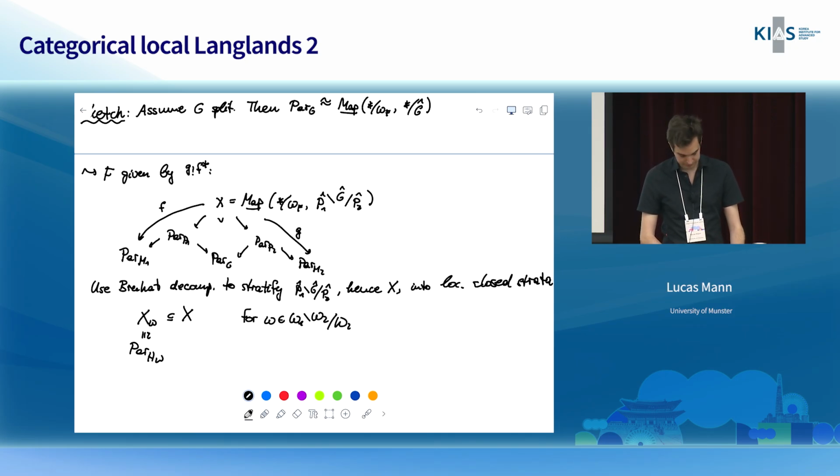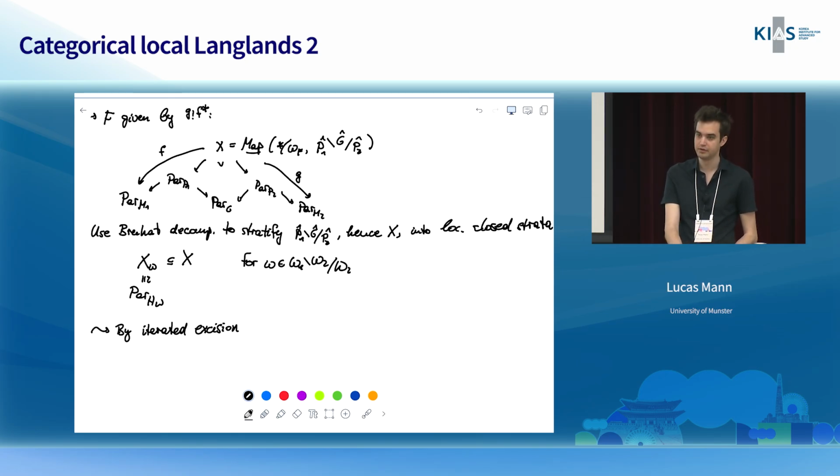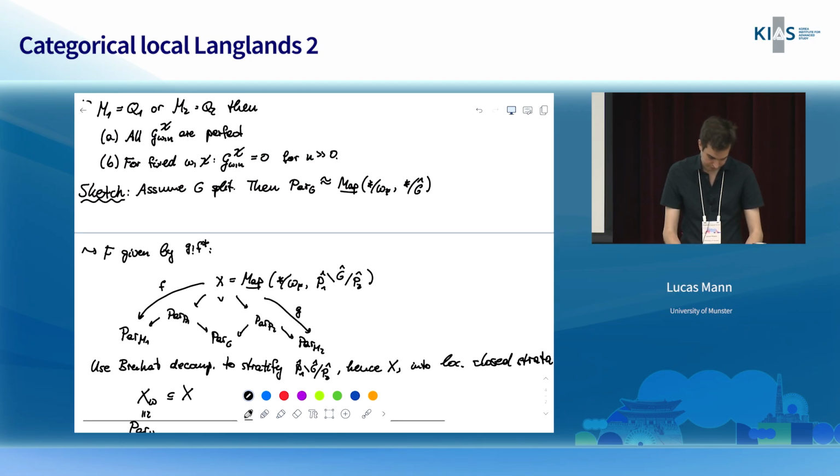Okay, but now we're almost done, right? Because now we go through the excision thing. So by iterated excision along the stratification, we get the filtrations on F. Let me scroll up a little bit to say what we mean.